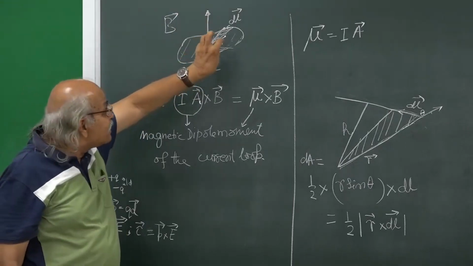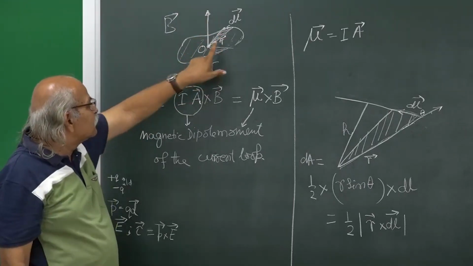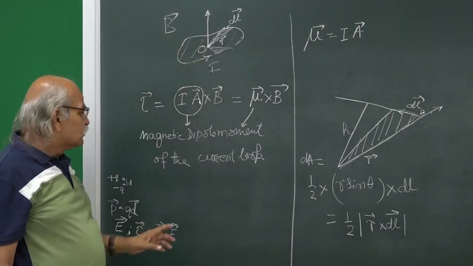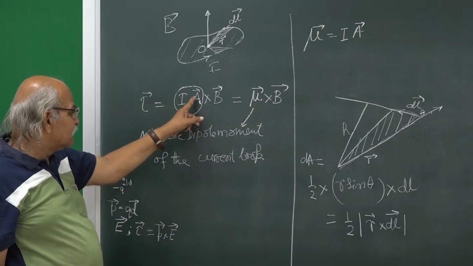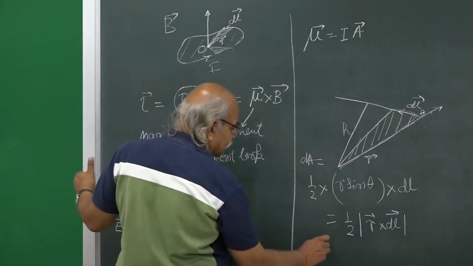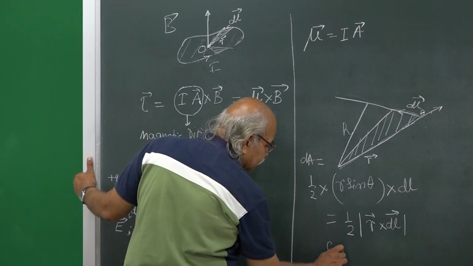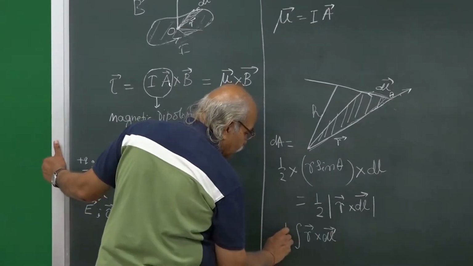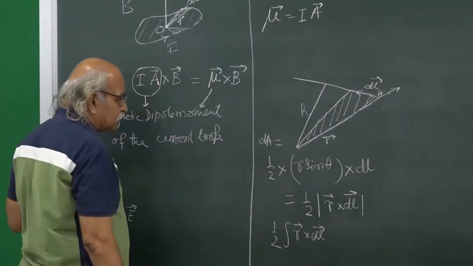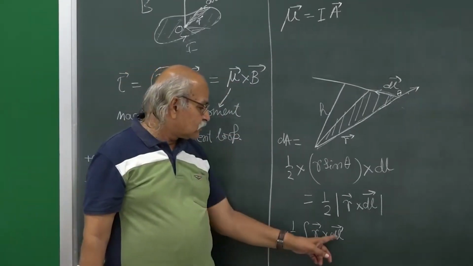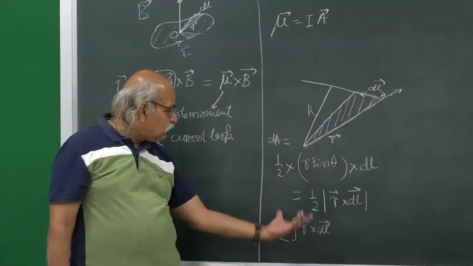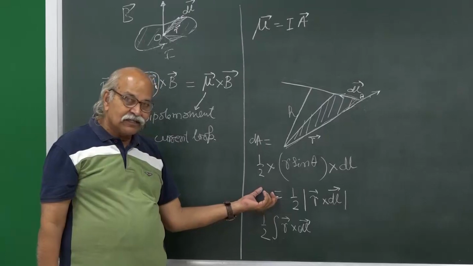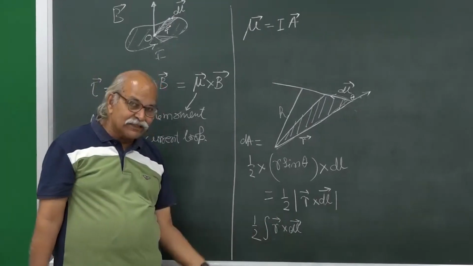So, to get that total area vector, you can add this plus this plus this plus this and so on. So, this area vector here will be just half of the integration of r cross dl. The magnitude of this whole thing, you first take the magnitude and then integrate, or you first integrate and then take the magnitude.